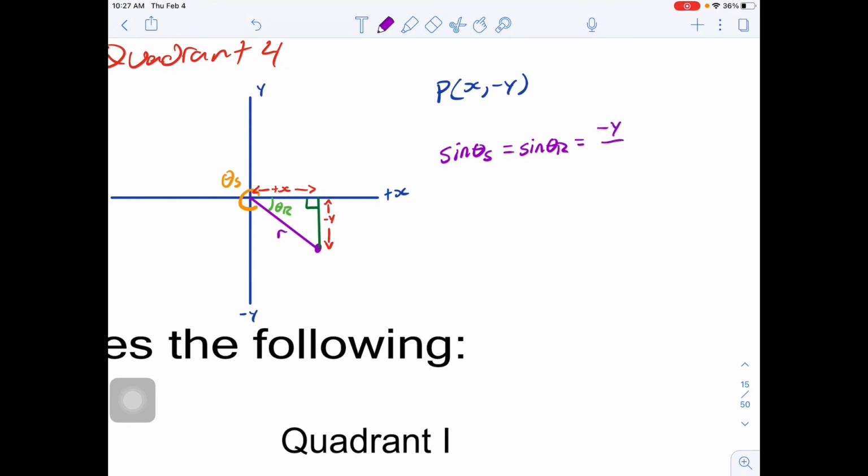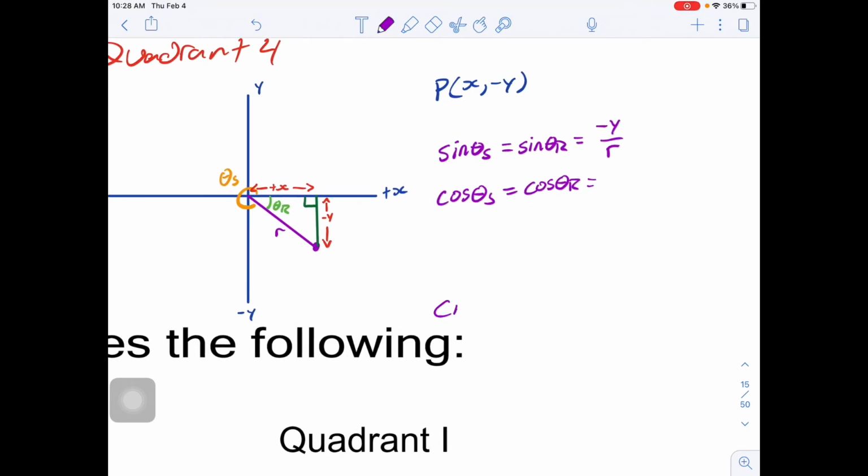And then my hypotenuse is r. Let's talk about the cos angle for the standard angle. Again, I will use the reference angle to understand this. Cos is adjacent over hypotenuse. What is the adjacent side length? The adjacent side length would be positive x over r.